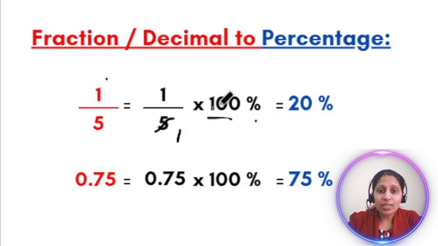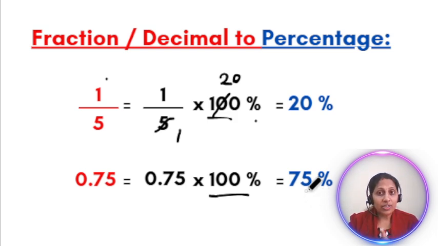So this is 1 time, this is 20 times. So the answer is 20 percentage. Or if you have the decimal, just multiply it with 100%, you get 75%. So percentage to fraction or decimal, take away the percentage symbol, divide by 100. If it is fraction or decimal to percentage, the opposite, multiply by 100%.